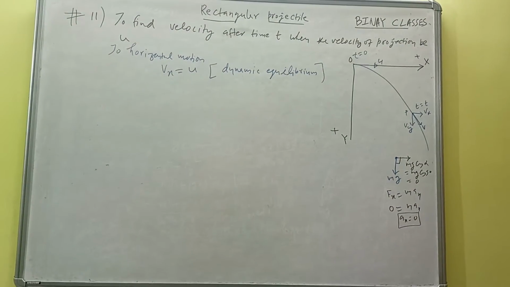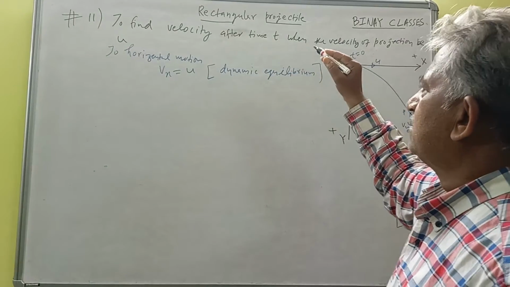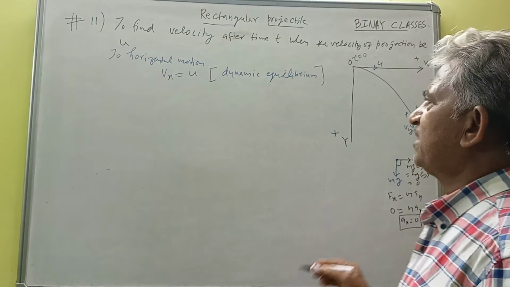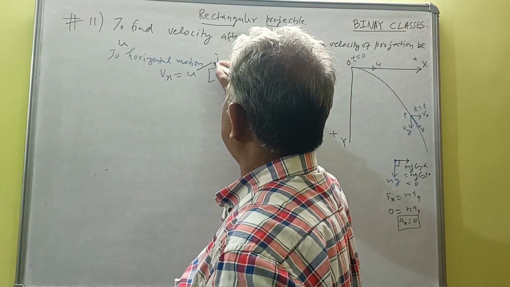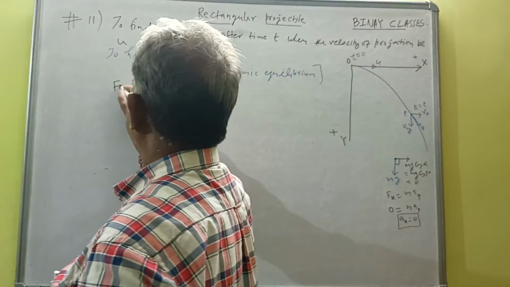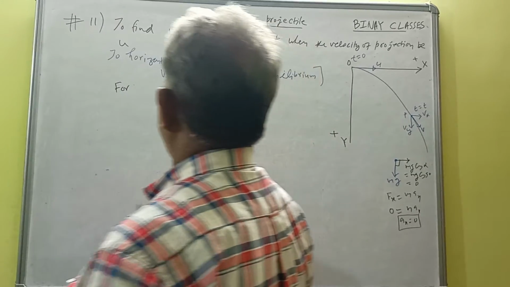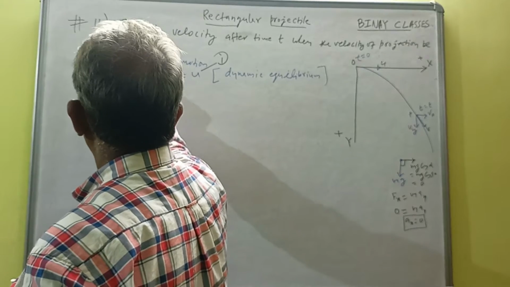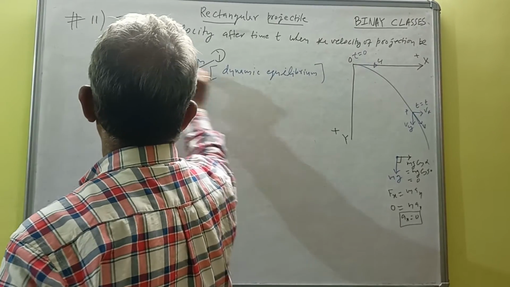If initially it were 0 velocity, that would be the case of static equilibrium, but here it is dynamic equilibrium. So this is the first relation: vx equals u, for horizontal motion.